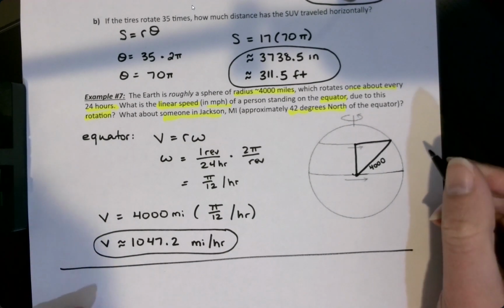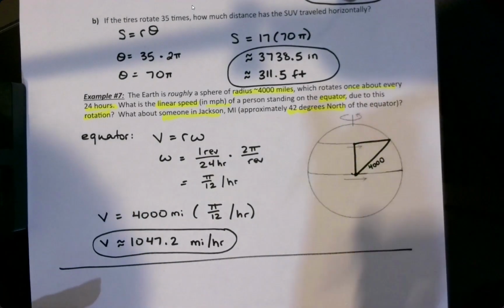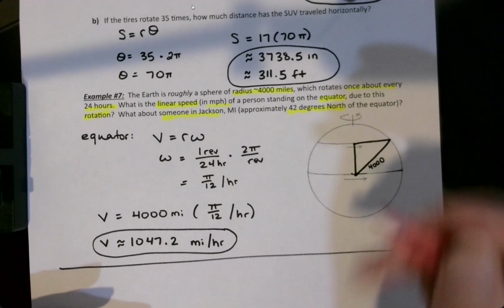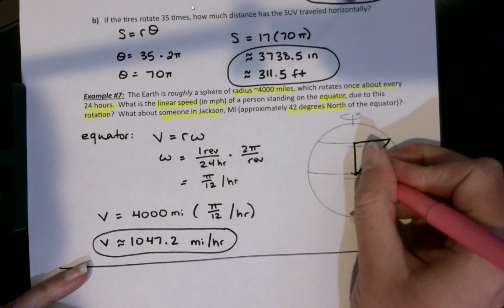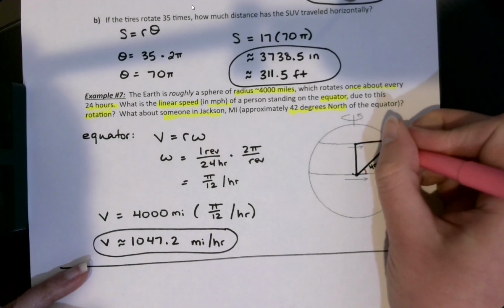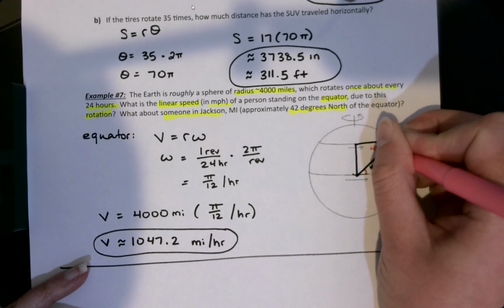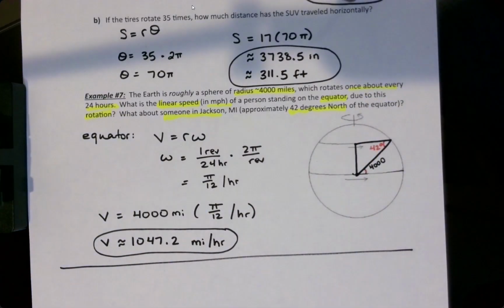And I know that I am about 42 degrees north of the equator. So I would measure that angle as how far north of the equator we are. That's 42 degrees is the angle of elevation. That's going to match the angle of depression. So my 42 degrees would be right there in my triangle.